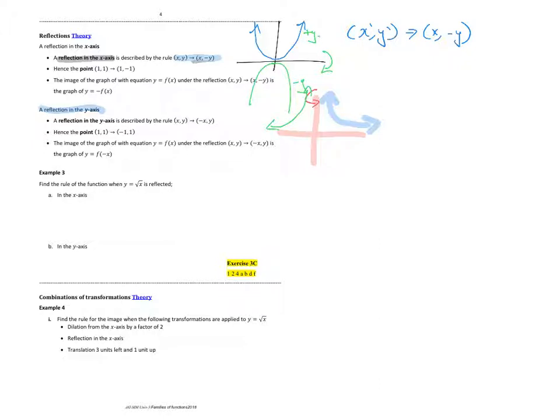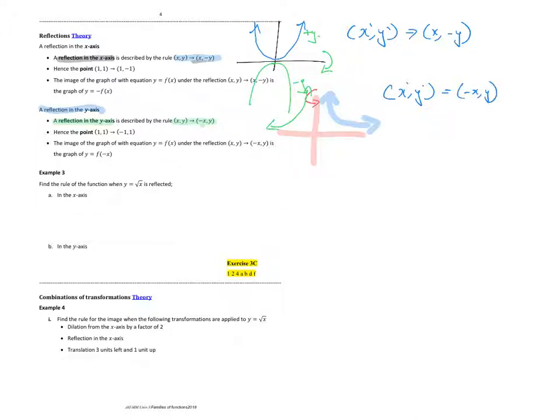So the x values have become negative. So note the difference. Reflection in the y-axis means the positive x values become negative x values. So what we end up saying there is my x dashed, y dashed becomes negative x, positive y.